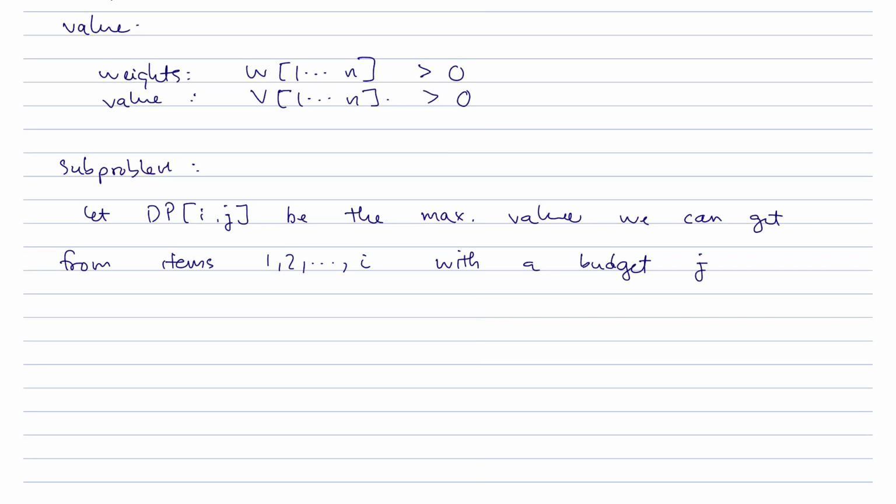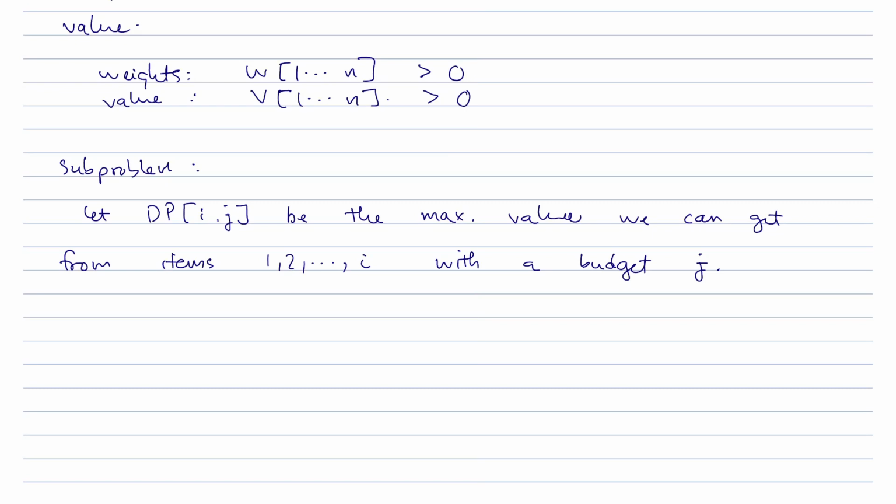Alright, so this is a subproblem in the sense that instead of looking at all n items, you might look at just the first i items, and instead of having a budget k, you might look at a smaller budget j. So how do we solve this problem?